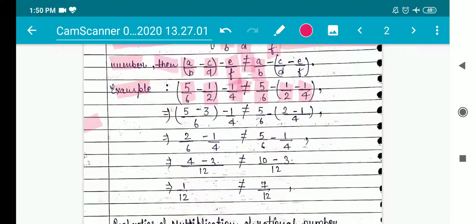We take the LCM, that is 6, and after calculating I got the result of the left hand side, that is 1/12, and after calculating the right hand side I got the result 7/12. This proves that LHS is not equal to RHS, because LHS is equal to 1/12 and RHS is equal to 7/12.